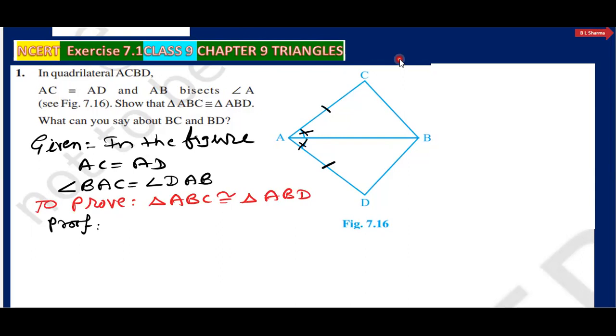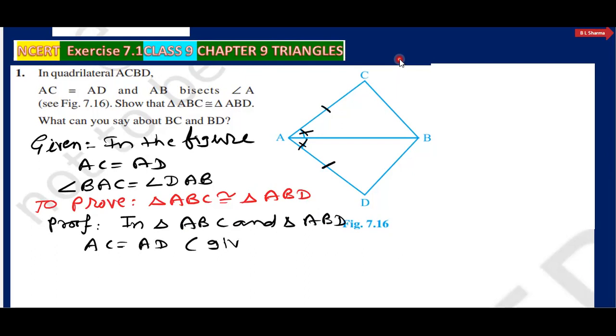Whichever triangles you have to prove congruent, take those triangles. That is why in triangle ABC and triangle ABD, AC is equal to AD. This is given.